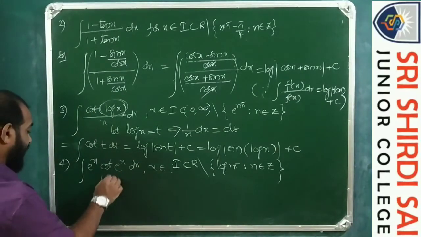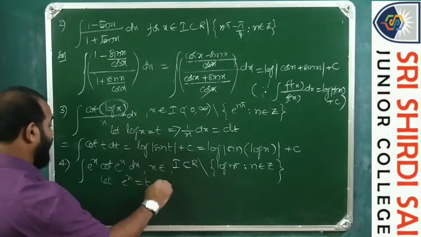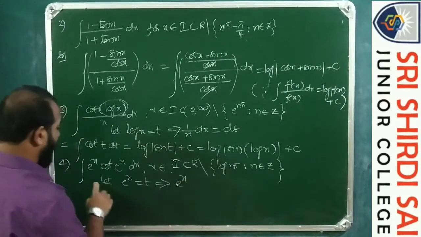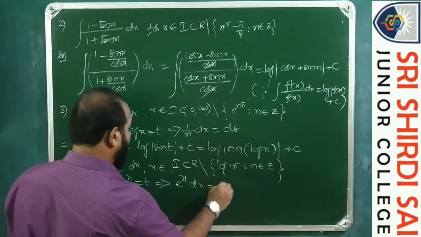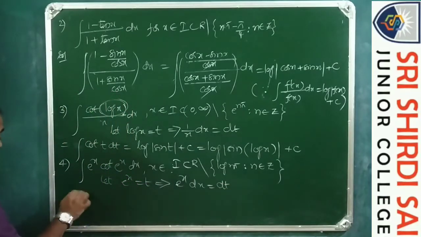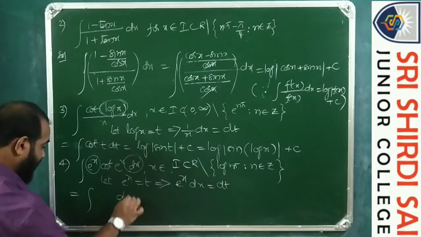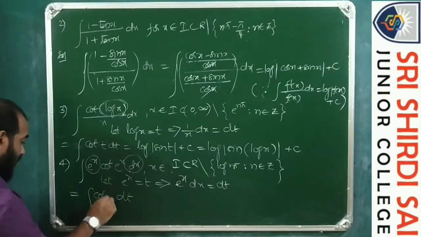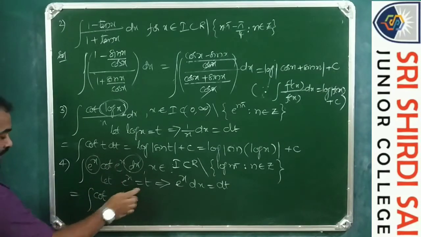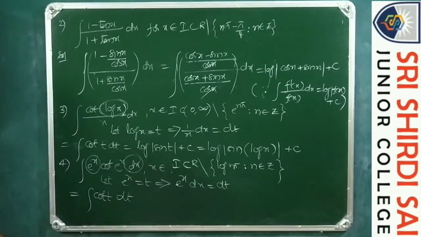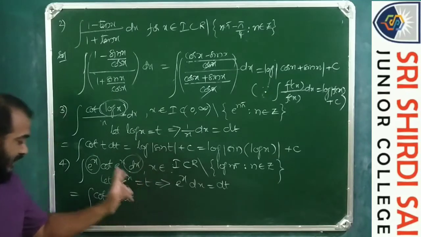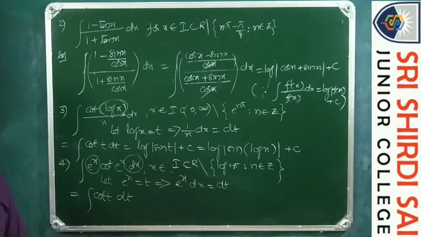So let e power x equals t. Differentiate e power x, e power x dx equals dt. So this is dt. So cot, what is e power x? t. So the given function e power x cot(e power x) dx has become integral cot t dt.